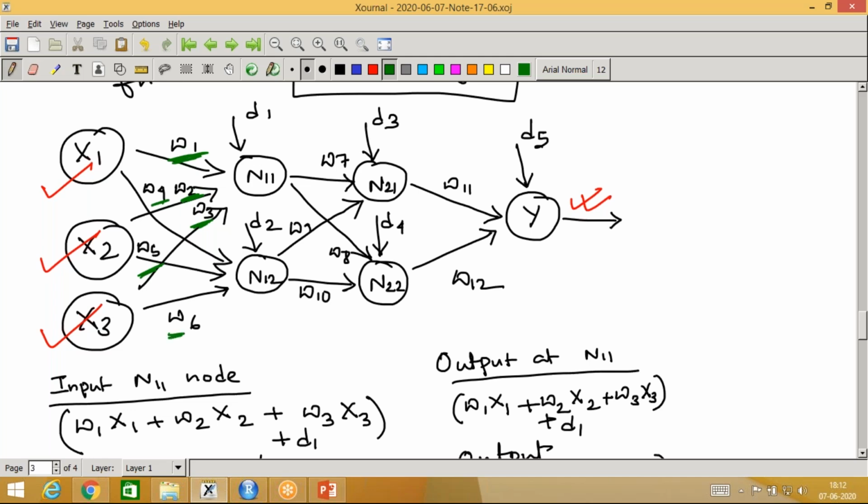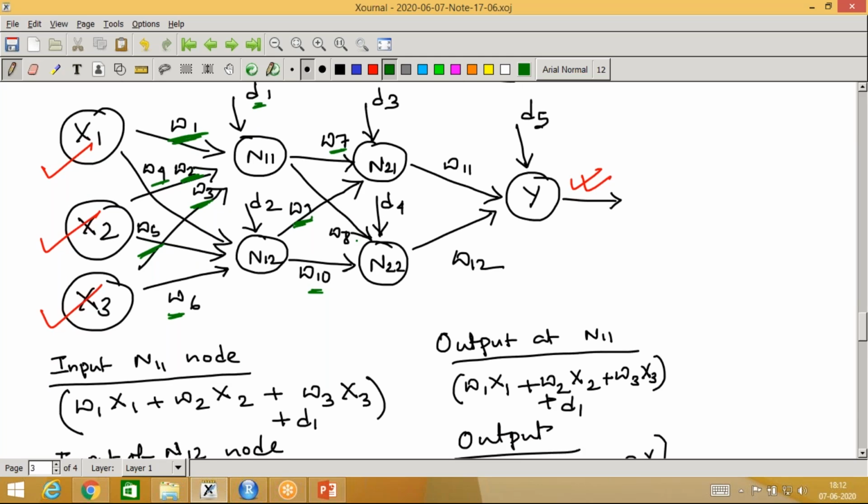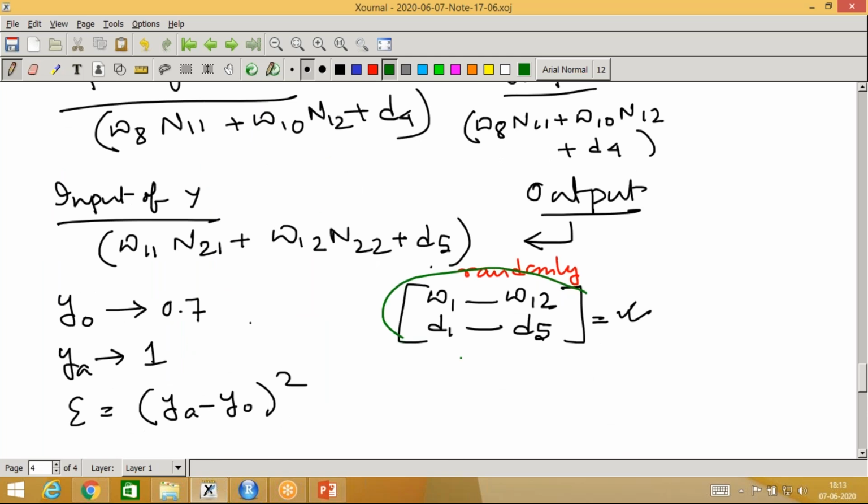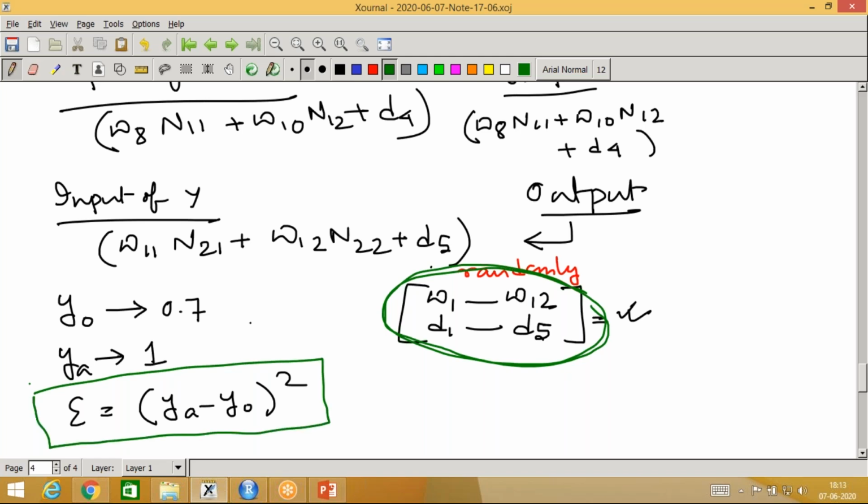All these values. And what you did is you randomly chose some values and got an error. After randomly choosing some values, you got an error.